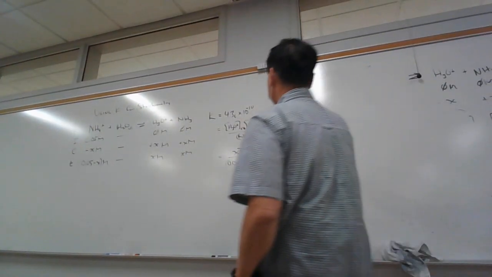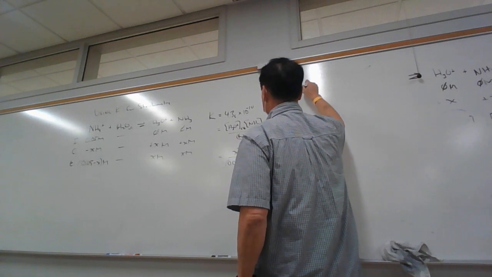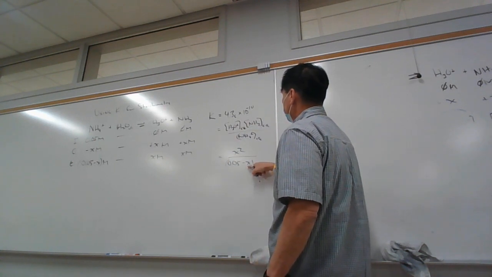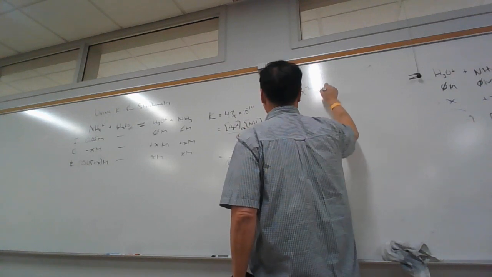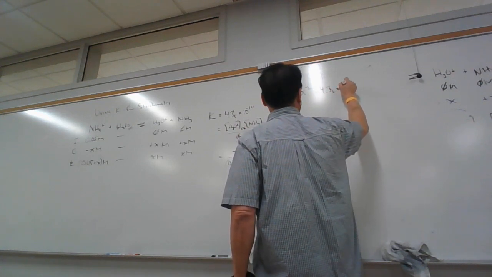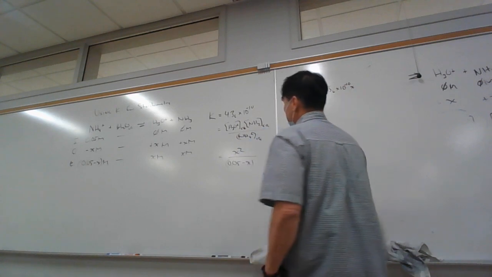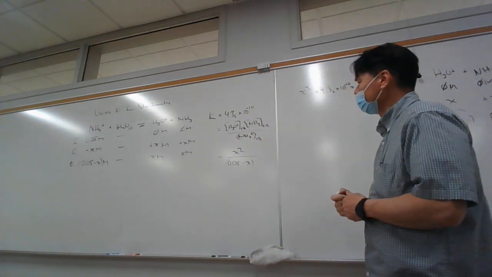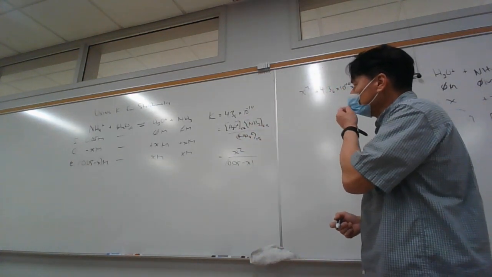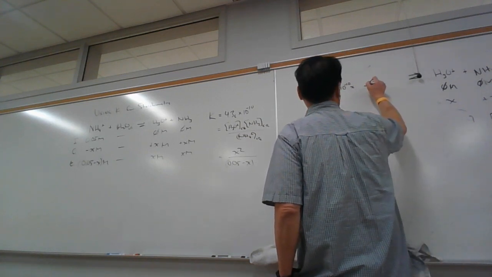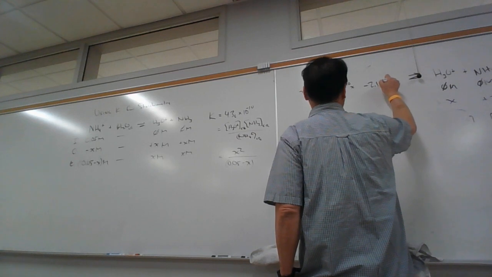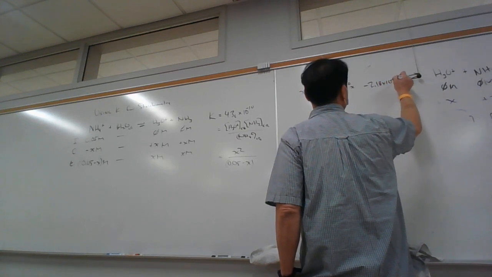Getting this in quadratic form, I'm going to get x squared plus 4.36 times 10 to the minus 10 x, and then 0.5. What's 1/2 of 4.36? It would be 2.18. So this will be minus 2.18 times 10 to the minus 10 is equal to 0.